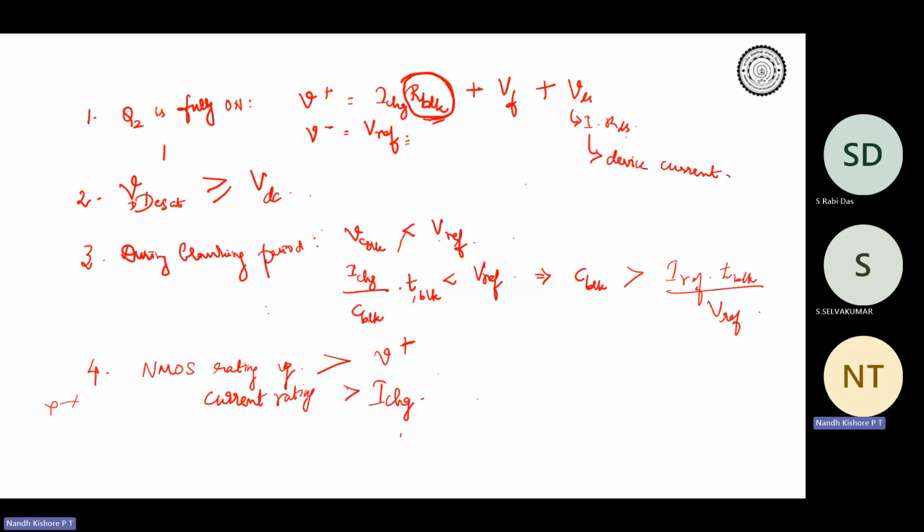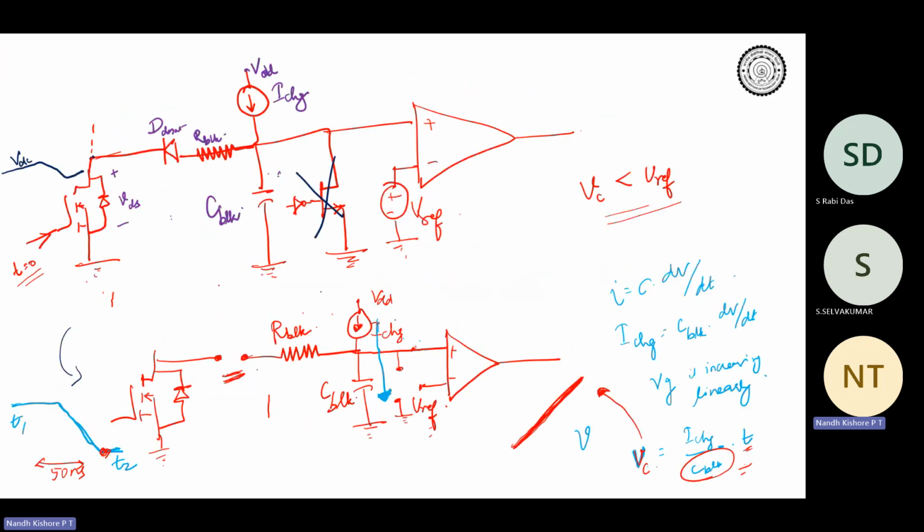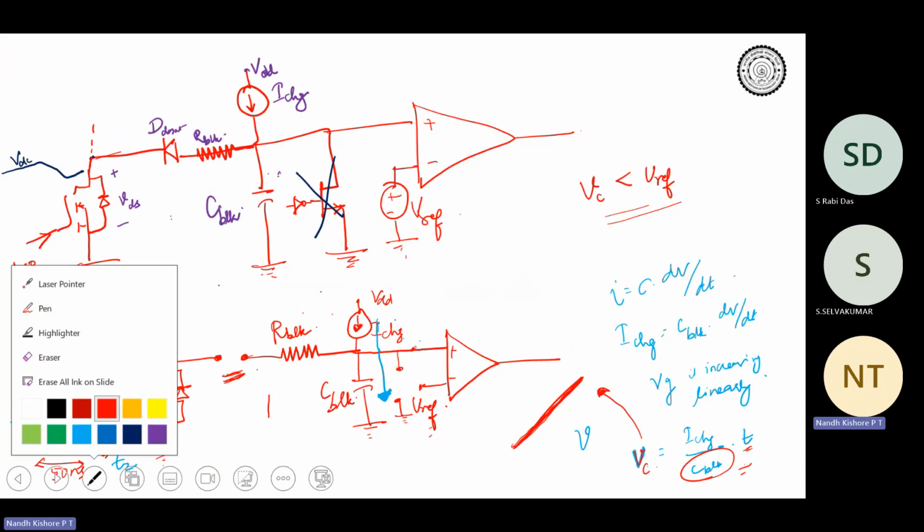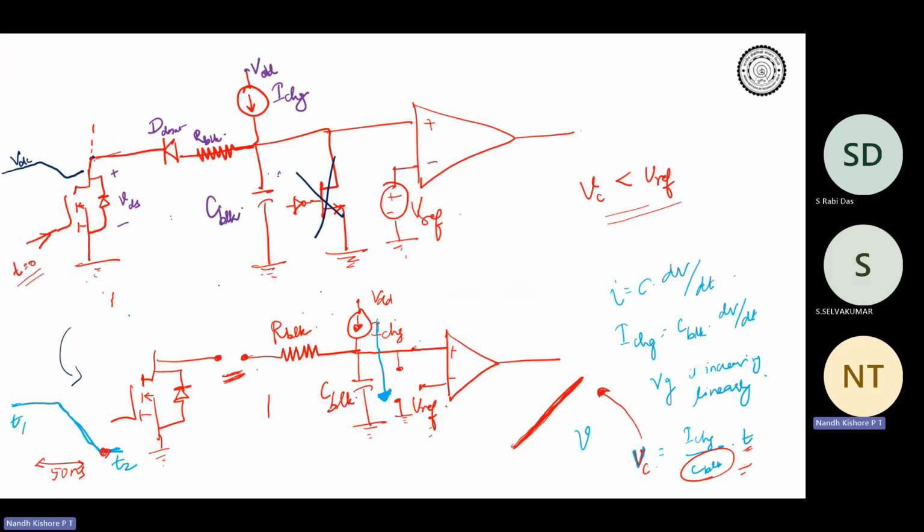So what people do is, instead of connecting directly, they use a resistive divider, a resistive division circuit, and then connect across the device.